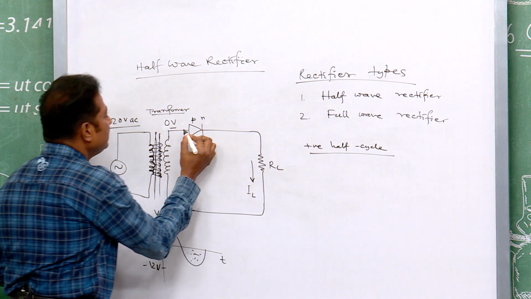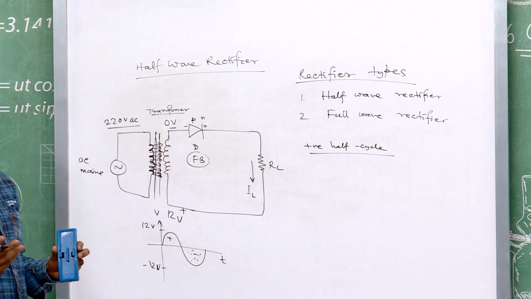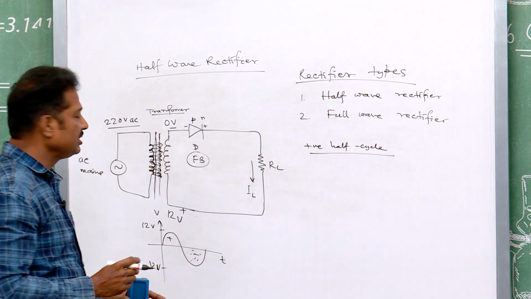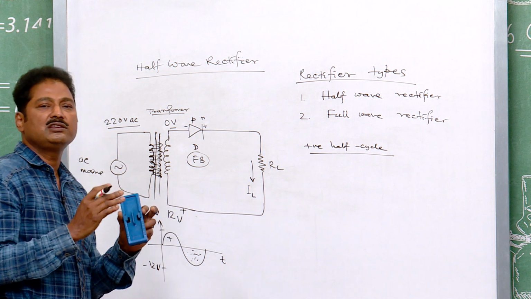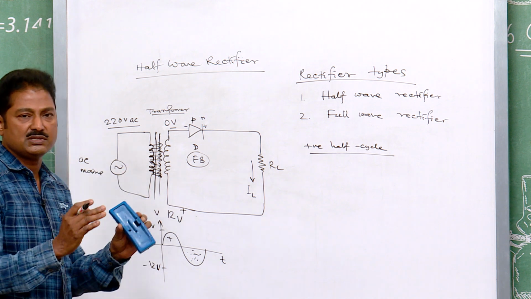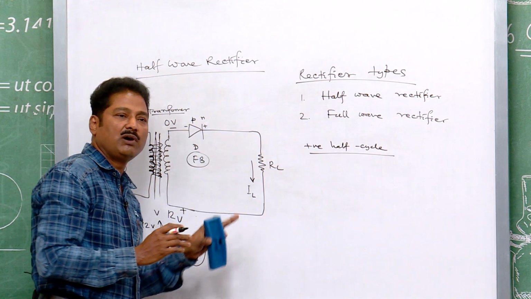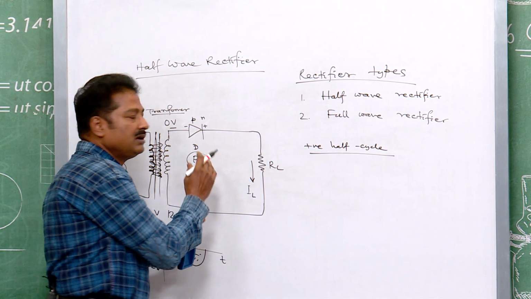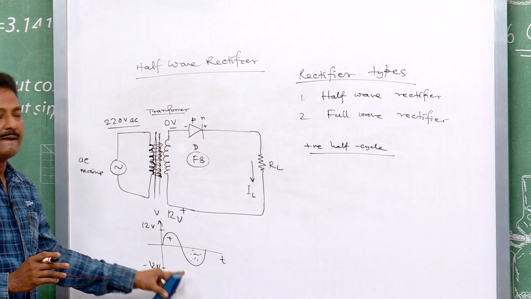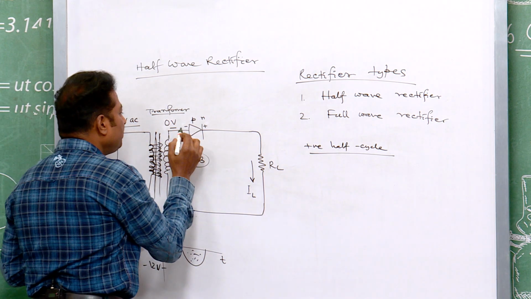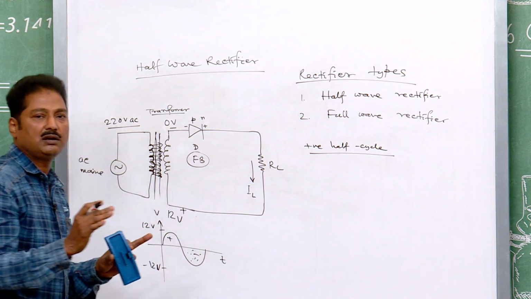That means, the diode P side will be negative, N side will be positive, and automatically it is reverse biased, and you know for reverse bias the diode is not conducting, it is an open switch. So, the diode will not conduct. That means, it will be just silent for the negative half cycle. So, the forward bias it will conduct, the reverse bias it will not conduct.